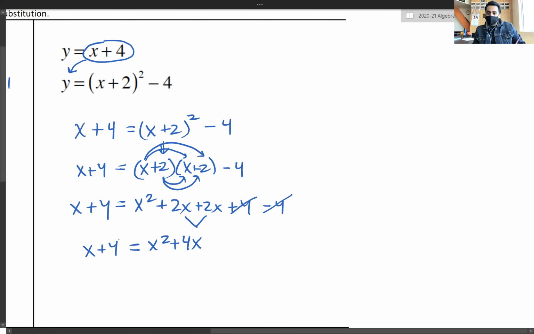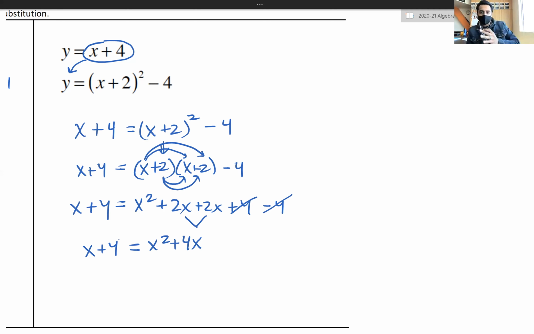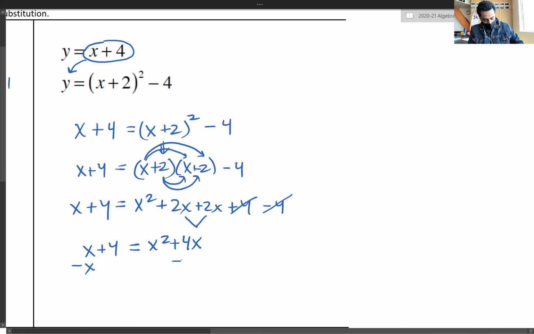All right, so from here, we want to bring all the terms over onto one side because we want to try to factor the quadratic, right? If we can factor it, then we can solve for x, right? We might have 1 x or 2 x's that we then have to plug in, depending on how many intersections are happening. So we subtract x on both sides. That gives us 4 is equal to x squared plus 3x.